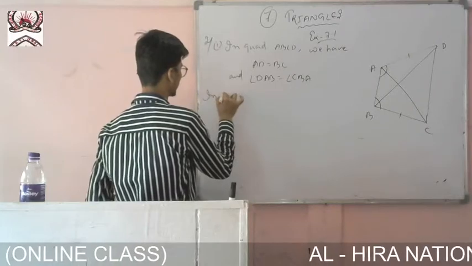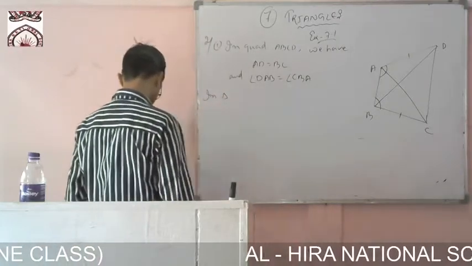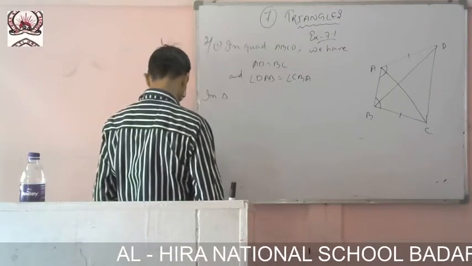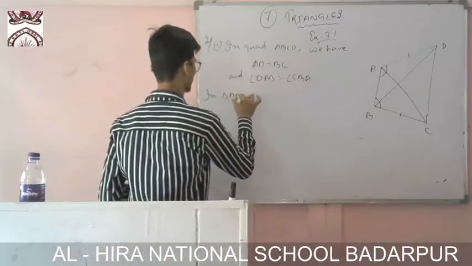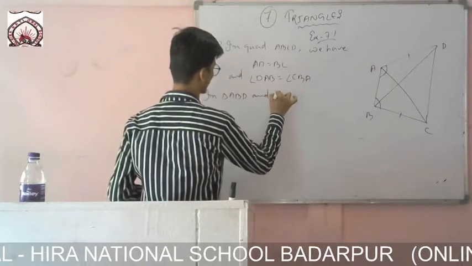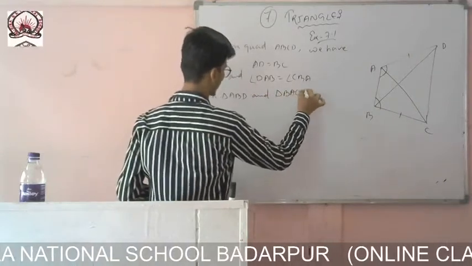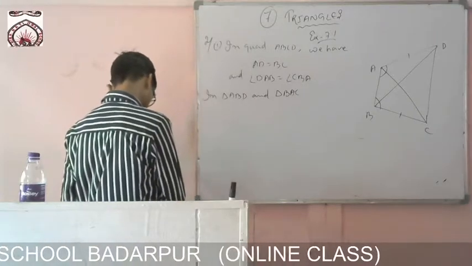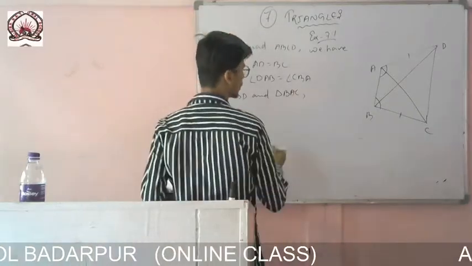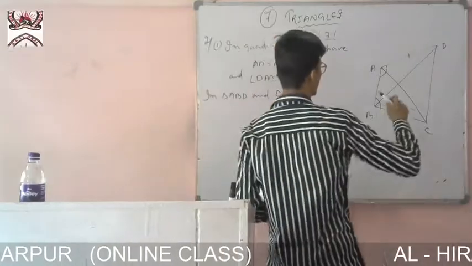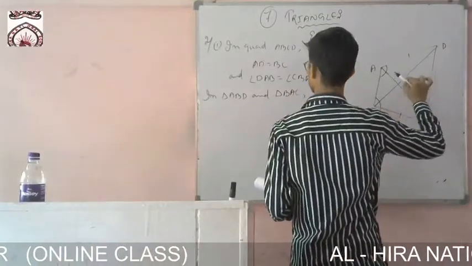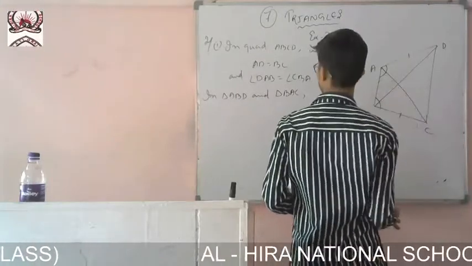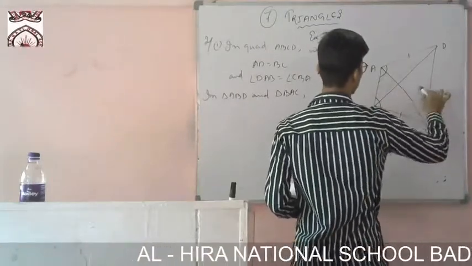In triangles ABD and BAC. ABD is this triangle, and BAC is this one.